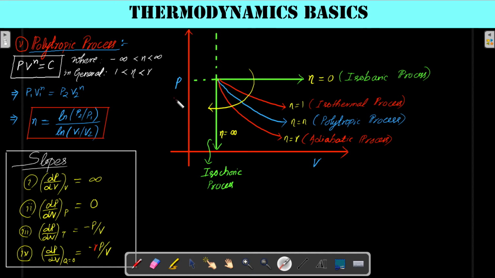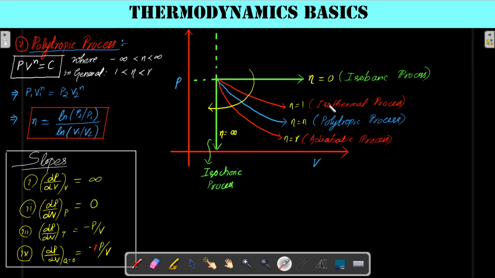Here is the graph of all processes, the PV graph. This one is the isobaric process where pressure is constant and n equals 0. This one is the isochoric process, constant volume, where n equals infinity.